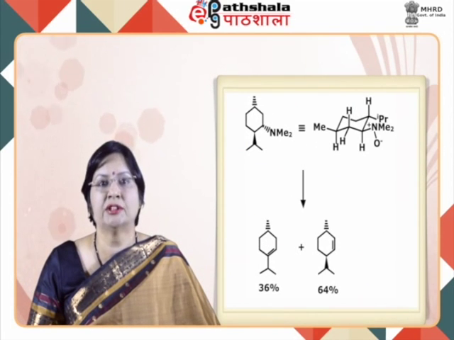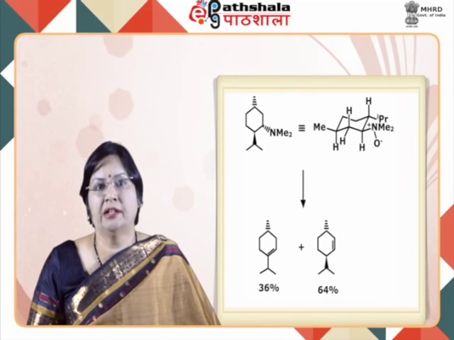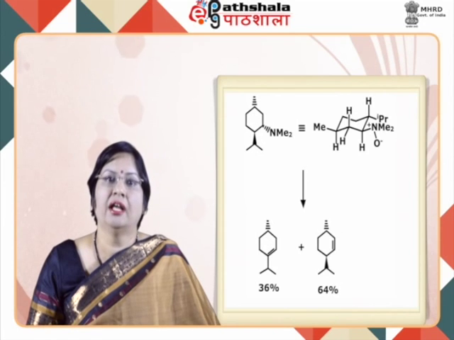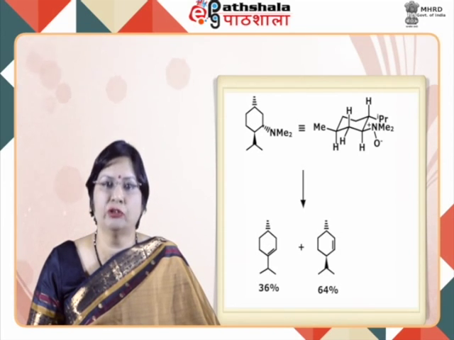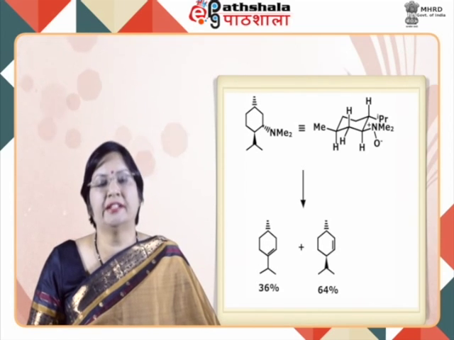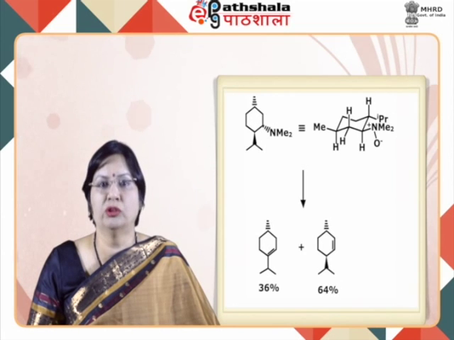What we see is the N,N-dimethyl group, which has gone into the N-oxide, and the isopropyl, which are sterically very big. This isopropyl and N-methyl are both in equatorial positions and create steric hindrance, and that is why you get a mixture of both products.